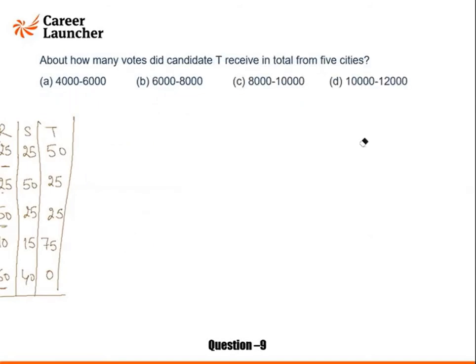Again, an easy question where we need to find the percentage values of this. So 5,000's 50%. We are getting the total votes of T. 5,000's 50% will be what? 2,500. 4,000's 25% will be what? 1,000. 6,000's 25% will be what? 1,500. And 7,000's 75% will be what? It will be 6,250.